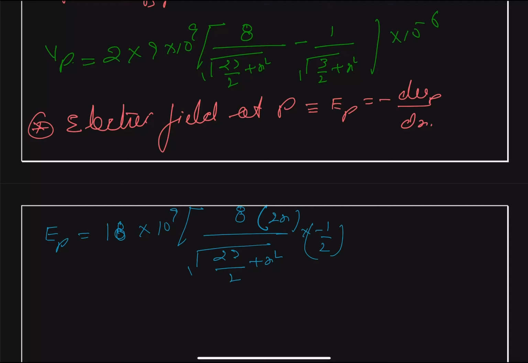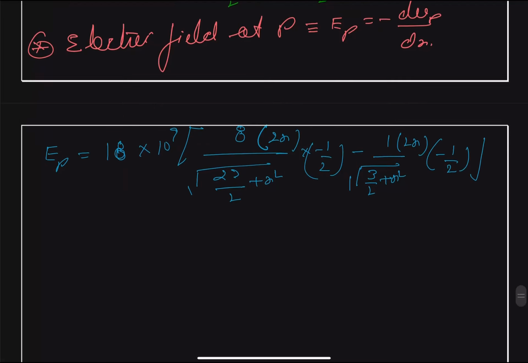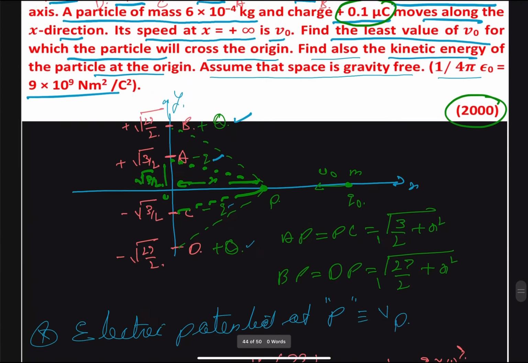And similarly for the other side also this will be minus, so we have here 1 upon 3 by 2 plus x square, and this comes as 2x, and this will be minus 1 by 2.